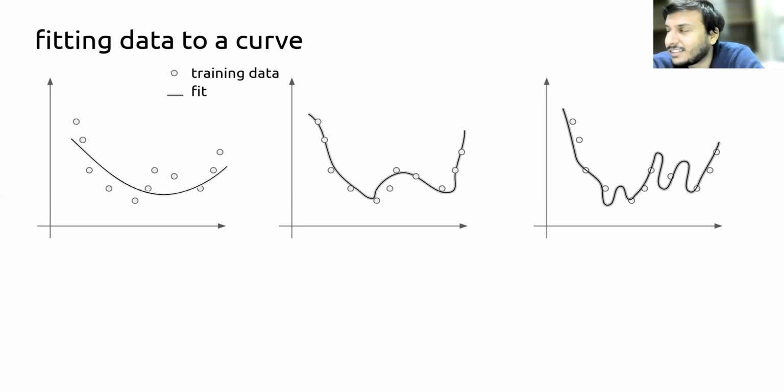Does anybody have anything against this argument, or does anybody want to say anything provocative? Andrea? I will go for the one on the left. There are some points that are very close in the x-axis and very different in the y-axis, which makes me think the variance is such that there is noise in these points, and so the line on the left seems to average over these errors.